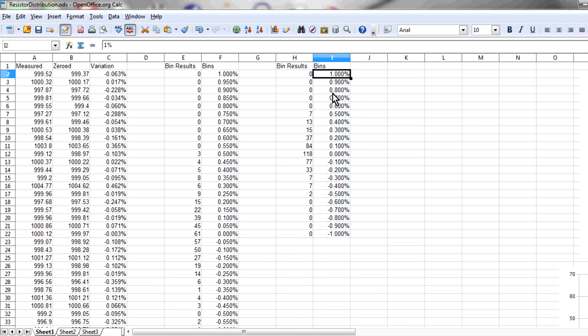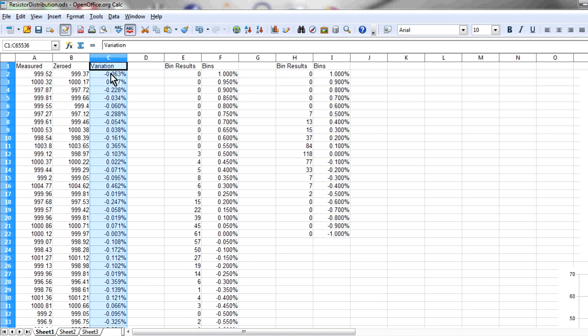In this case, I've got 21 bins ranging from 1% down in 0.1% increments to minus 1%. And we want to find out how many of these particular values appear in each one of those bins. So we're doing a frequency sort here.